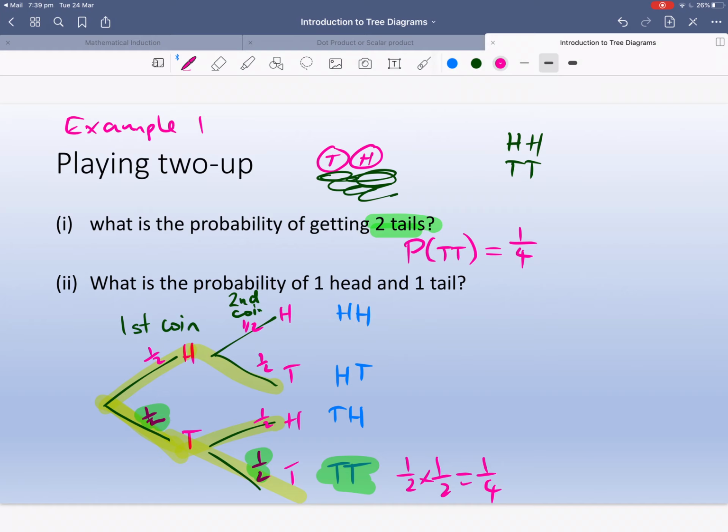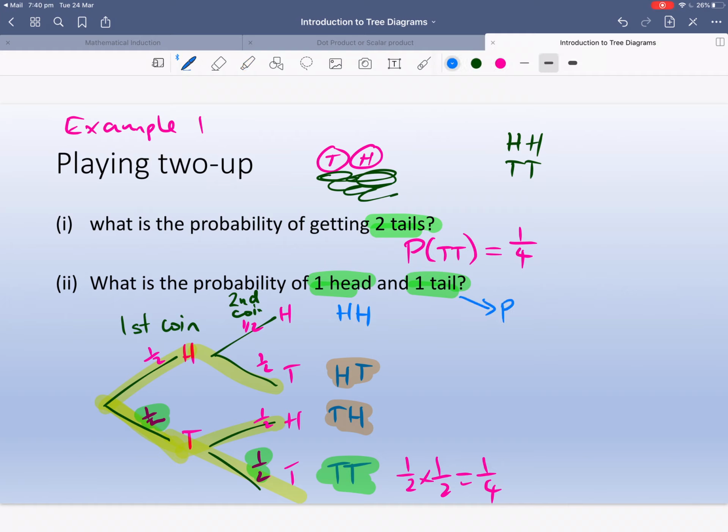Okay, so what is the probability of getting 1 head and 1 tail? Well, that's this one here. Oh, and it's also this one here. So let's write it neatly here. Probability of getting 1 head and 1 tail, and it's actually 1, 2 out of how many outcomes in total? 1, 2, 3, 4.